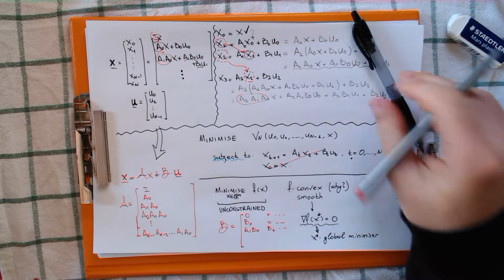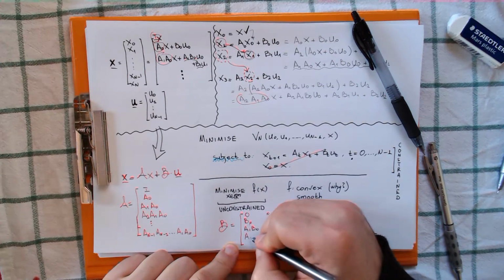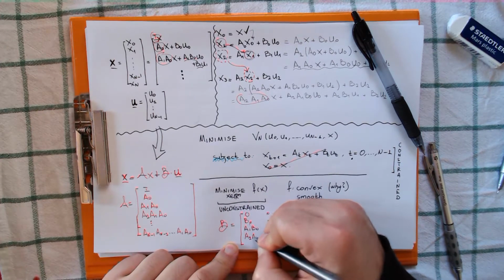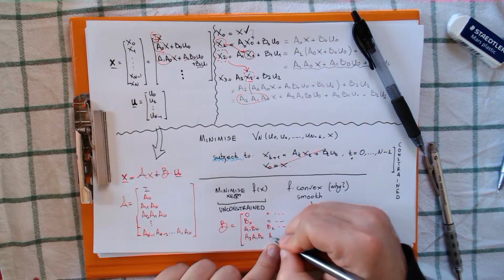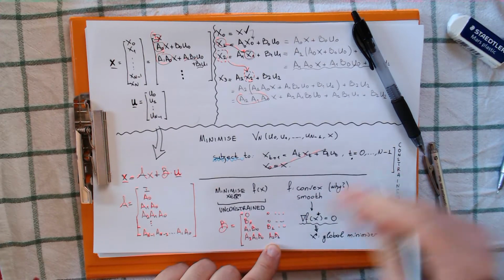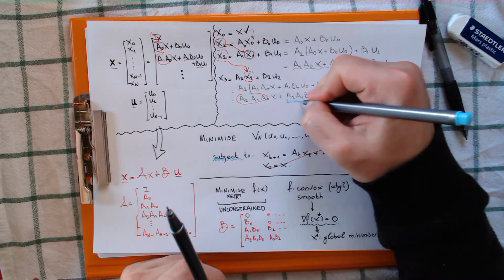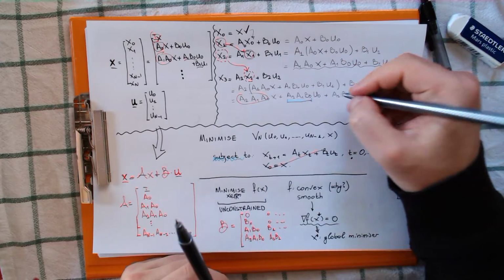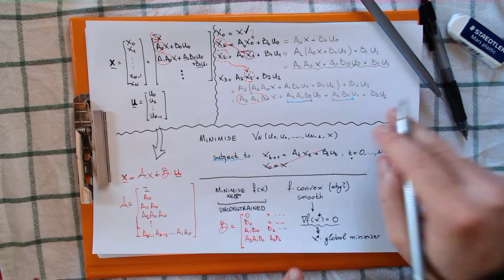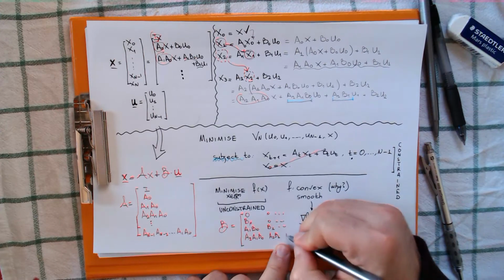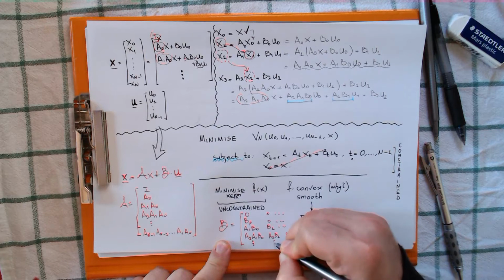The third one now is the following. I'm copying these values from this equation. So A1 B0 multiplies u0, this multiplies u1, and this multiplies u2, and just continue and fill in the whole matrix.